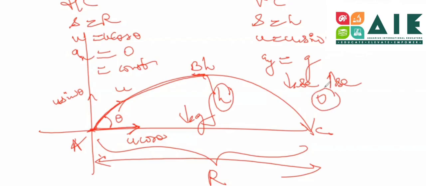Vertical velocity 0 is at highest point, I'm saying. Yeah, it becomes 0 when it reaches here. Here the velocity is 0 because g is maximum. Now it will try to pull it down. Correct? Anything else? No, ma'am.